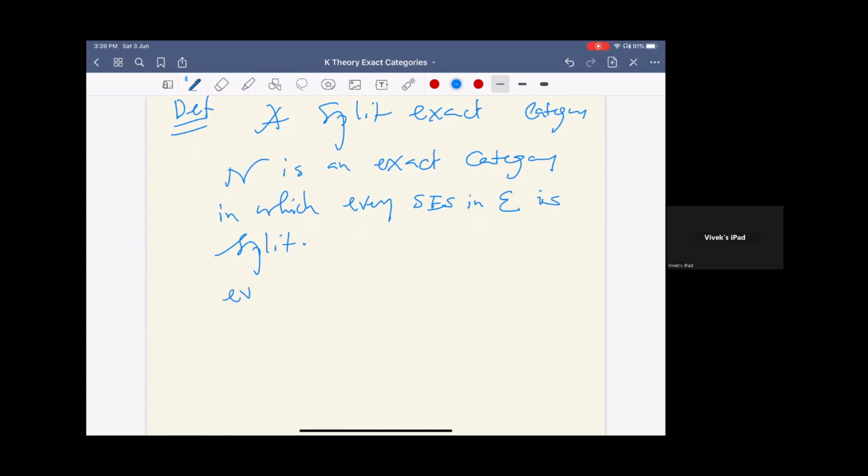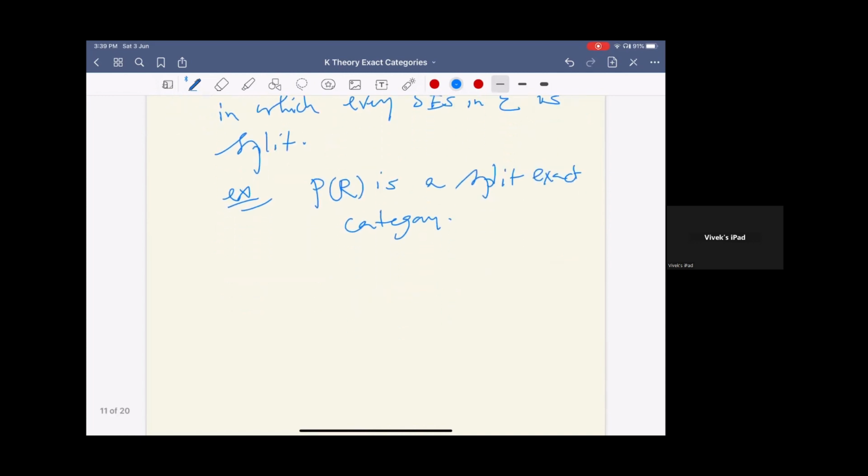For example, PR is a split exact category.